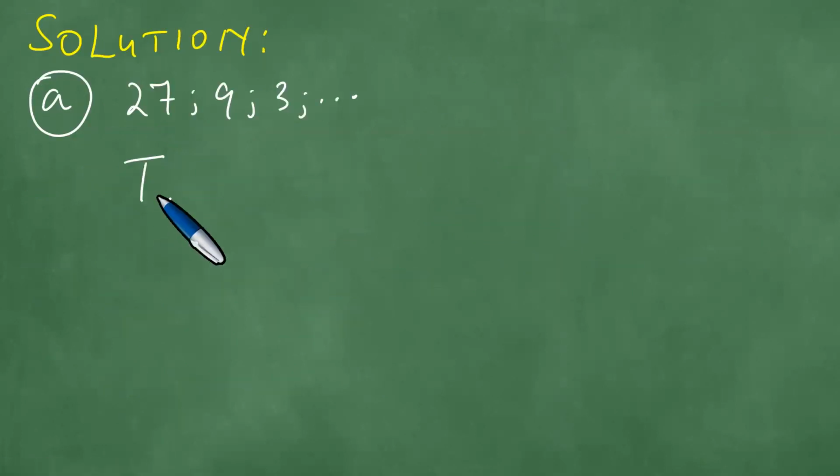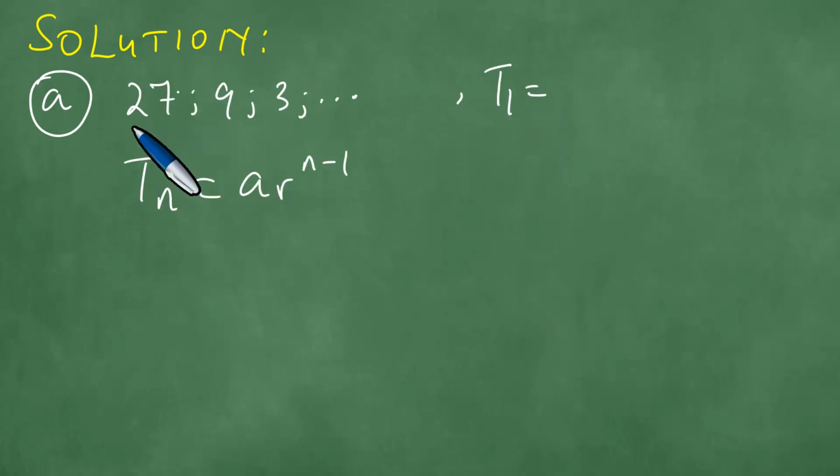Tn is the same as AR to the n minus 1. So we actually now need to write something here. What is the first term? The first one is actually 27. What is the second term? The second term is 9. What is the third term? The third term equals 3.